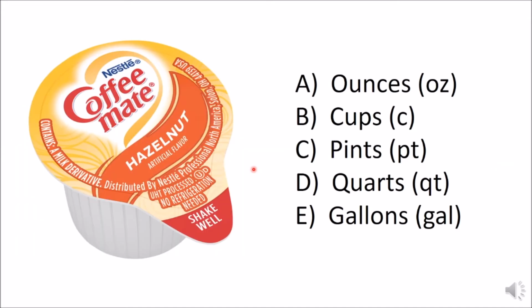Okay, now Mr. T likes to put this inside his coffee in the morning, okay? So which unit of measurement best describes the amount of liquid in this little container?